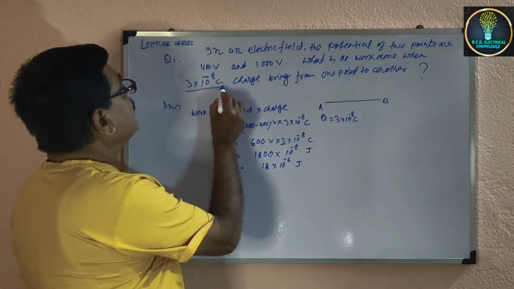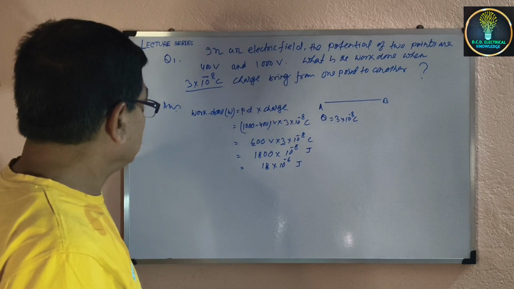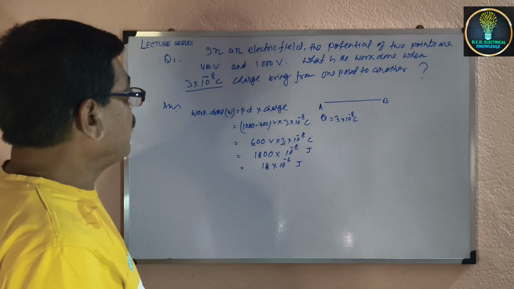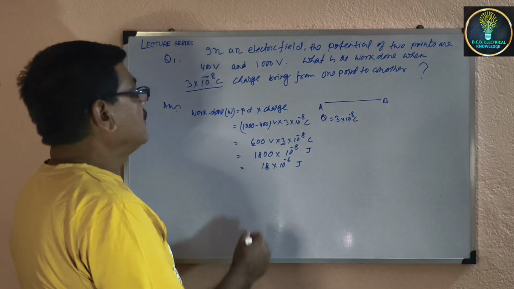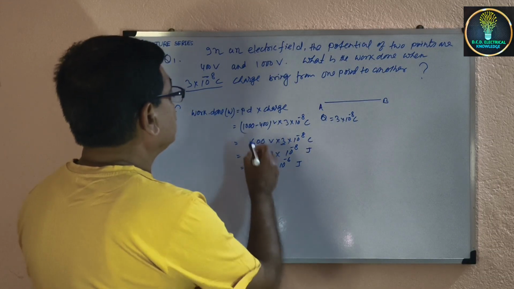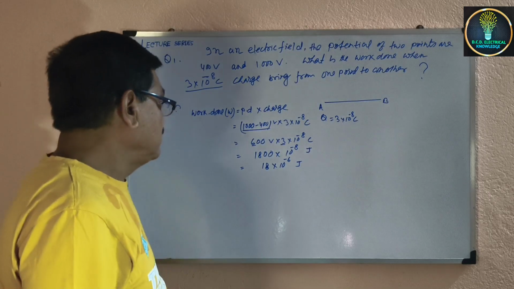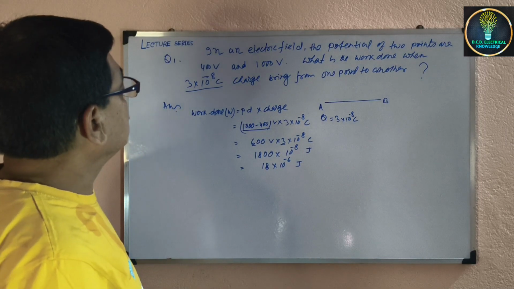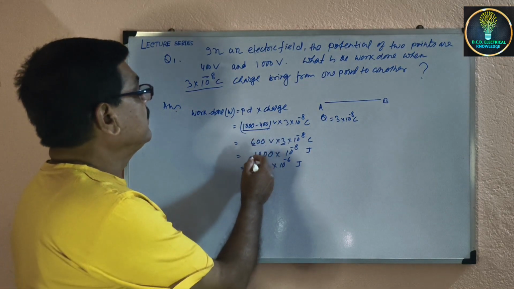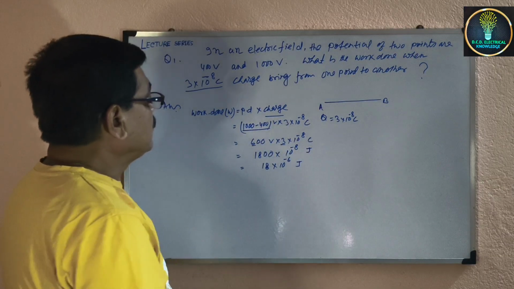So 3 into 10 to the power minus 8 charge is brought from one point to another point, that is potential difference is equal to 1000 minus 400 multiplied by charge q.